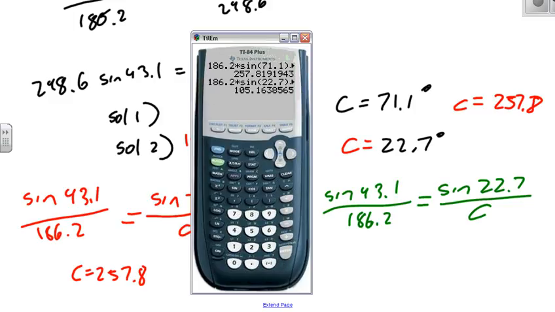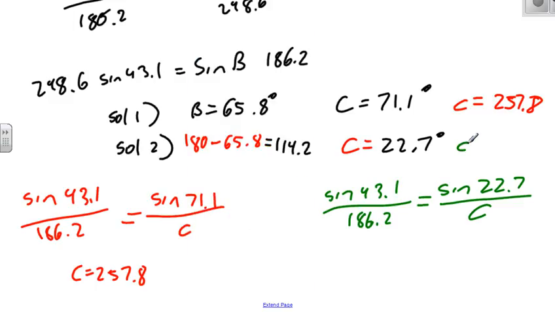C could also be 105.2. So basically you just need to check and see if you used our solution as a reference angle, if it would still work to form a triangle, if the angles would be less than 180.